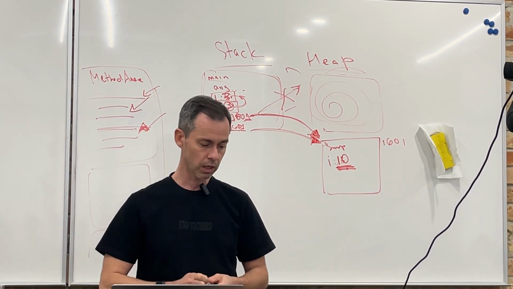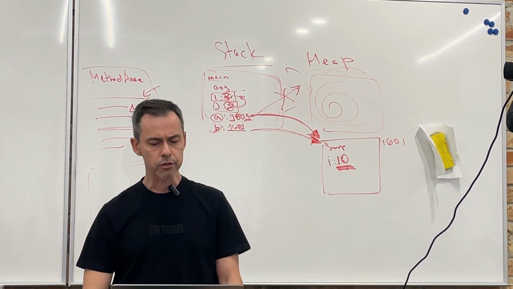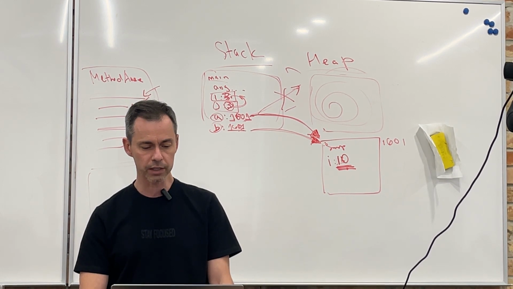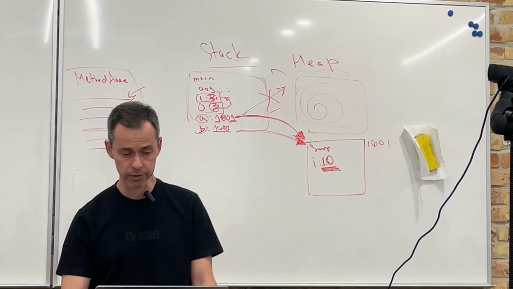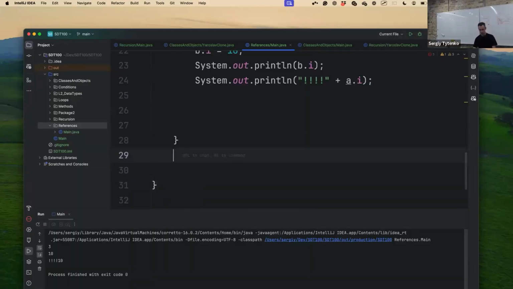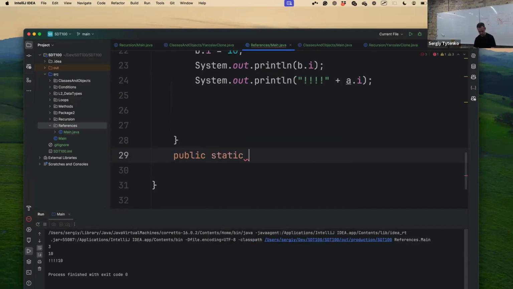Okay, so this is not all the information we need to know. Let's experiment more. Let me create a method here. Let it be a static method at that moment: static do something with object, with a simple object.